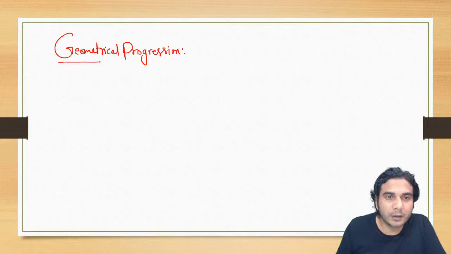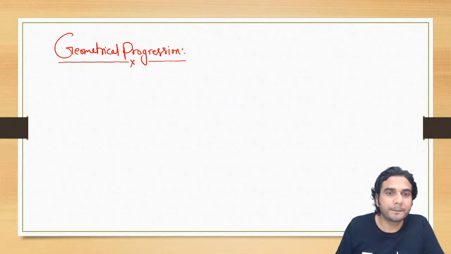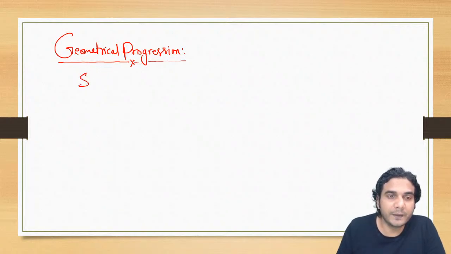So, geometrical progression. If the ratio of two consecutive terms of a progression or of a sequence is constant, that means if your sequence is defined as {an}, where an is the nth term, this is your sequence.